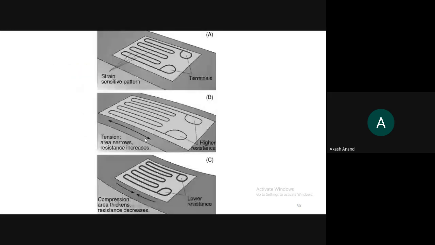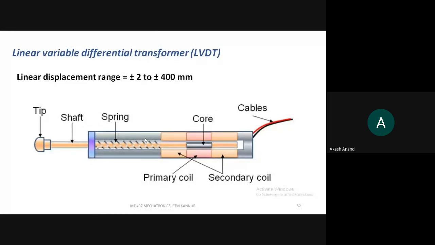Moving on to the next type of displacement sensor, the linear variable differential transformer, called LVDT. When we consider a device, we can see that a range is already given here, from minus 400 to plus 400, and the accuracy is also given.